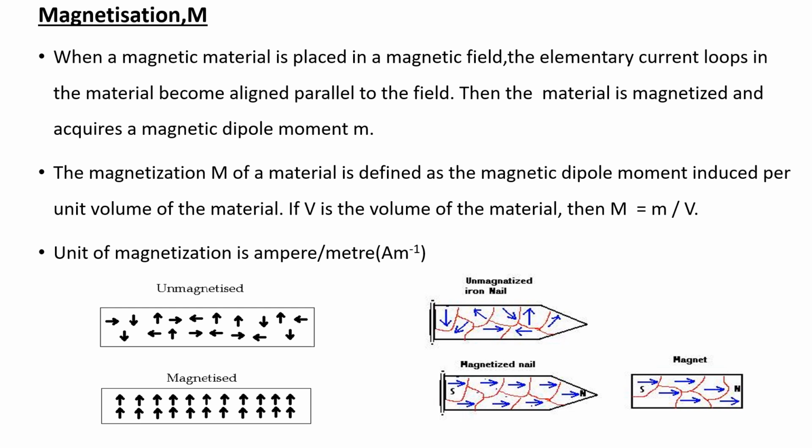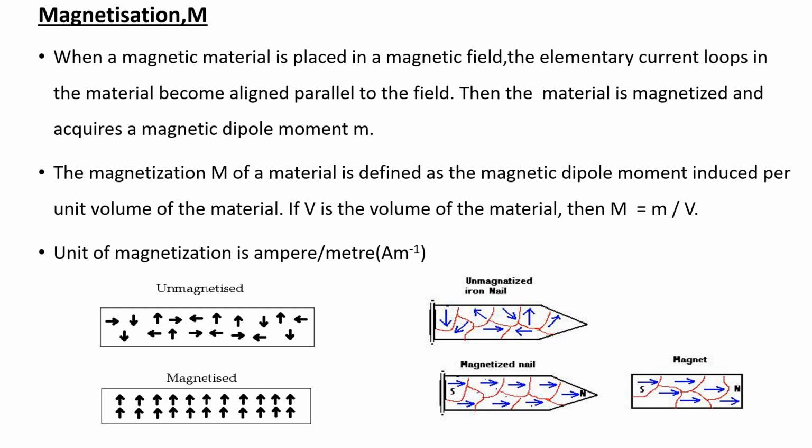In the figure, we can see two figures. In the first one, we show the random alignment of a material. They are randomly aligned. It is in the unmagnetized state. When a magnetic field is applied, then it becomes aligned in a particular direction. That is, it is aligned parallel to the field. That is, the material is magnetized. And this process is called magnetization.